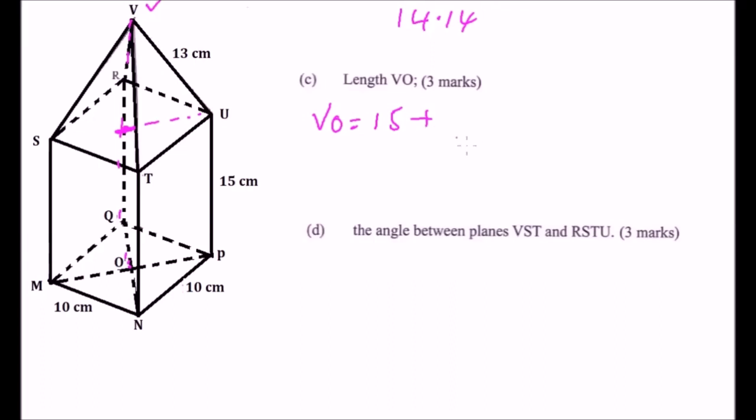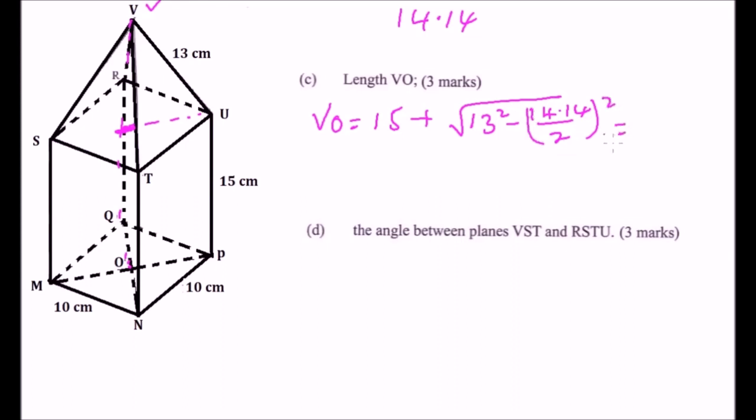So this is equal to, that is applying the Pythagoras theorem, it is 13 squared minus, then because SU is the same as MP, so half of that is, we say it is 14.14 divided by 2, and we square.